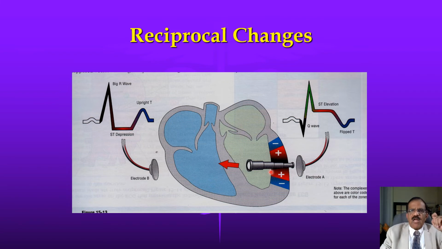And same current of injury would be registered as ST depression in a lead which is placed just opposite to the infarcted part. So same phenomenon is shown as ST segment elevation and ST depression in different leads. We use the ST segment elevation to localize myocardial infarction.